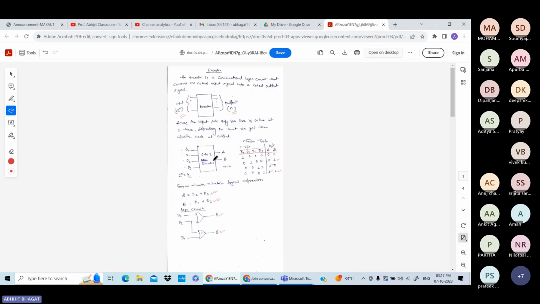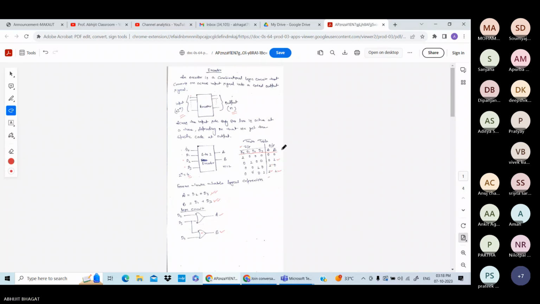Depending on this, your output will be a combination of zeros and ones. So when D0 is active, you will get 0, 0. If D1 is active, you get 0, 1. If D2 is active, 1, 0. D3 active, 1, 1. Okay, very simple up to this.